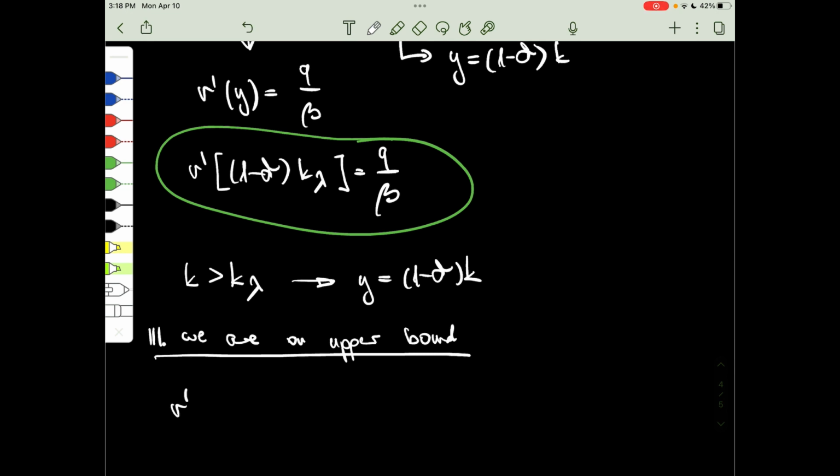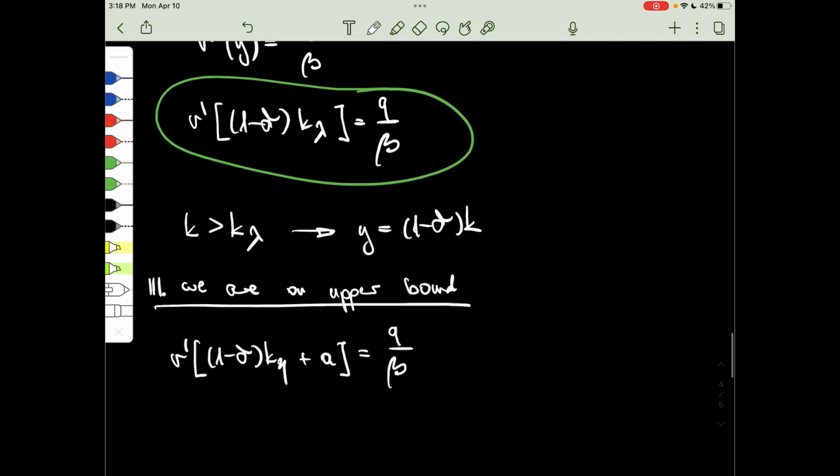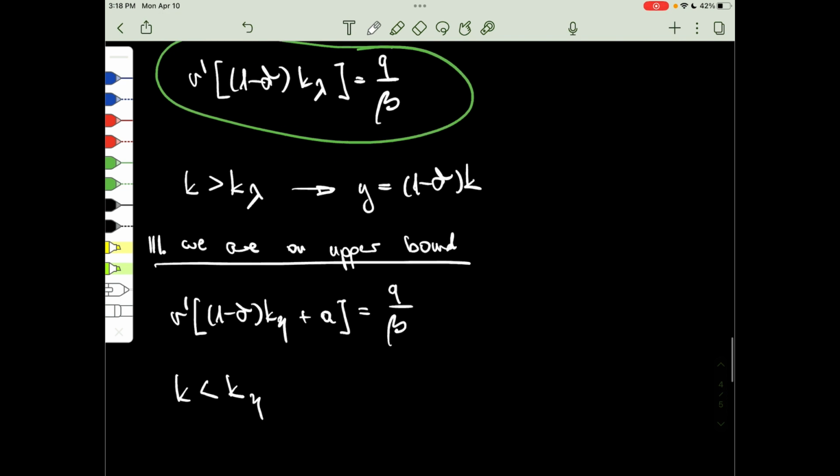So we know that by using the equation of the upper bound, this equation leads to an interior solution. So if the capital stock is lower than the threshold level, then it means that the firm is constrained in increasing its capital stock.